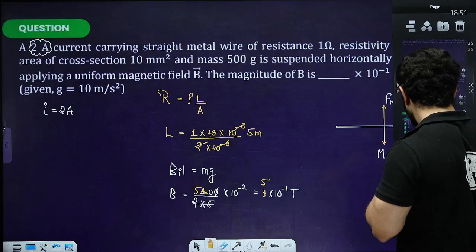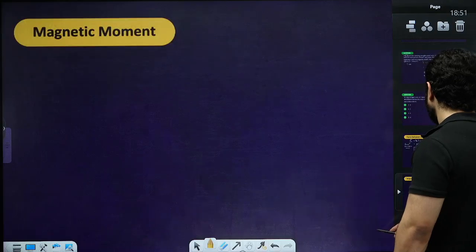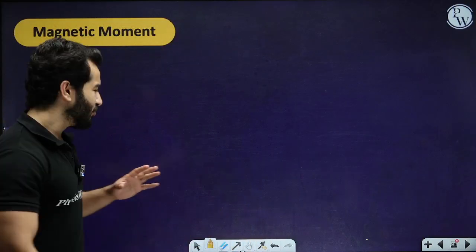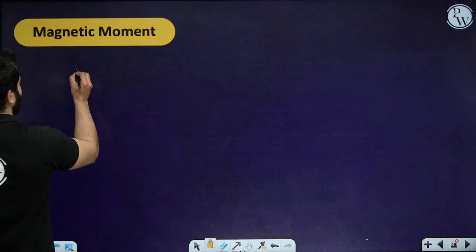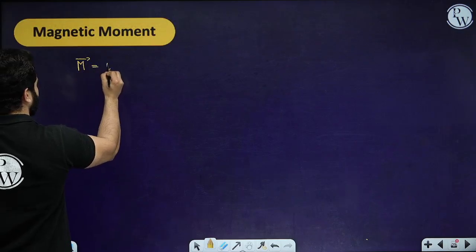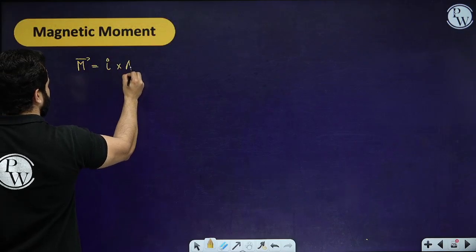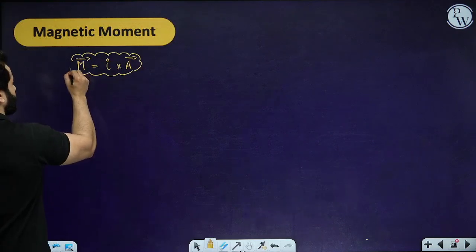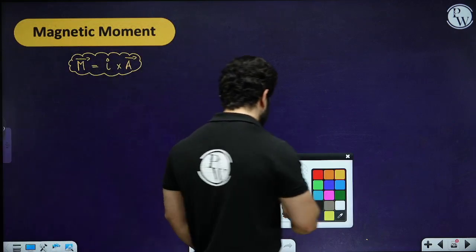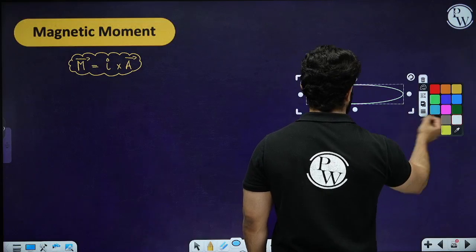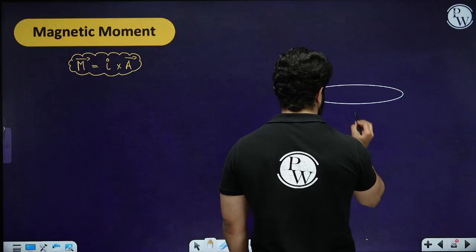Now let's move on. Now we have got something which we are going to also use in our next chapter of magnetism and matter, which is called magnetic moment. Magnetic moment is not a very difficult thing. First of all, it is a vector quantity and the value is I cross A. Let's suppose you have got a current carrying conductor, something like this.